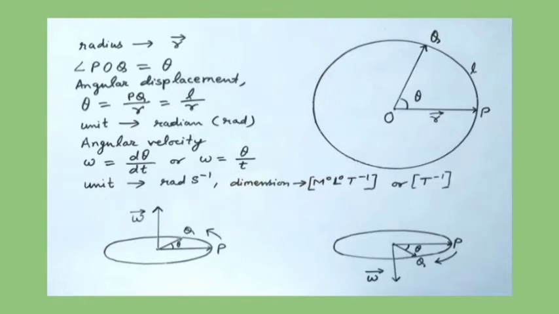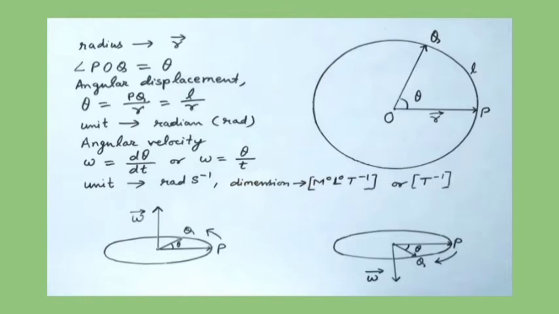Its unit is radian per second and dimension is M to the power 0, L to the power 0, T to the power minus 1, or simply T to the power minus 1. It is a vector quantity and its direction is given by right hand rule. Its direction is same as that of the angular displacement, and that you can see in the diagrams.